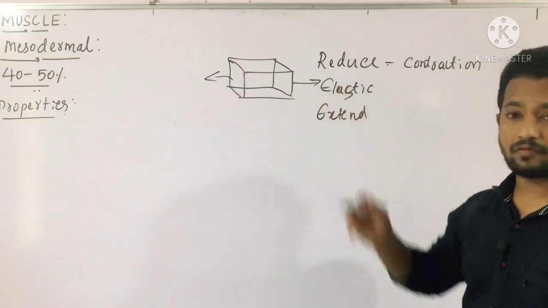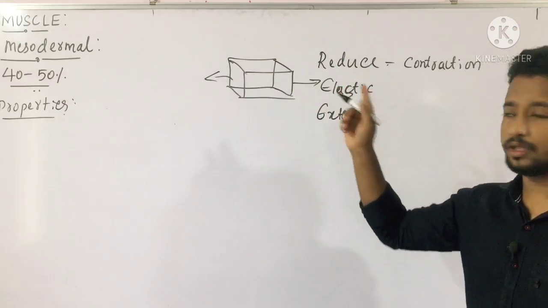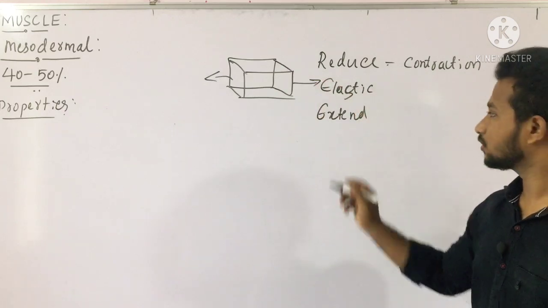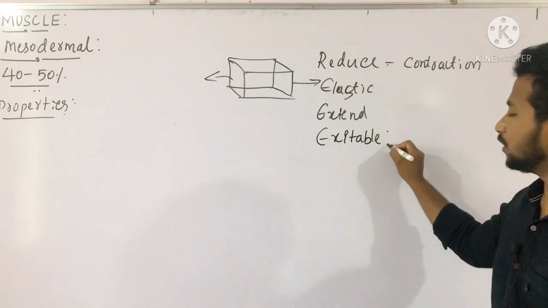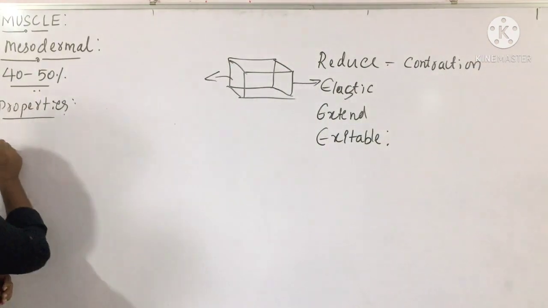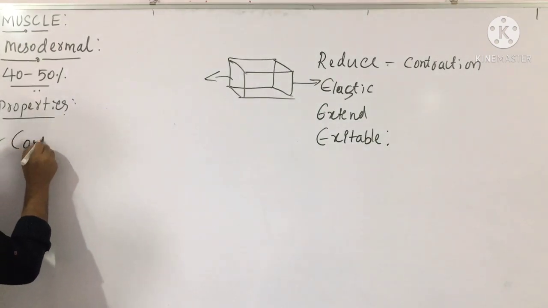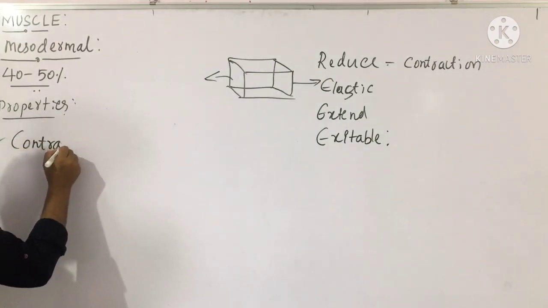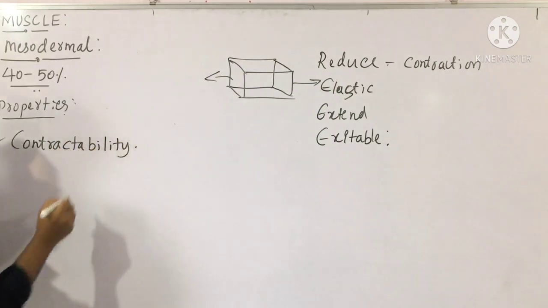And here, very important, nerve impulses are transmitted through these muscle fibers, so they are also excitable. By looking at all these properties, we have named them.